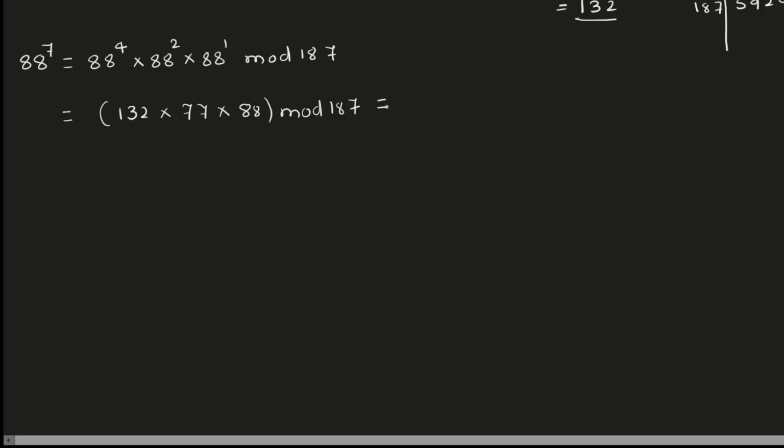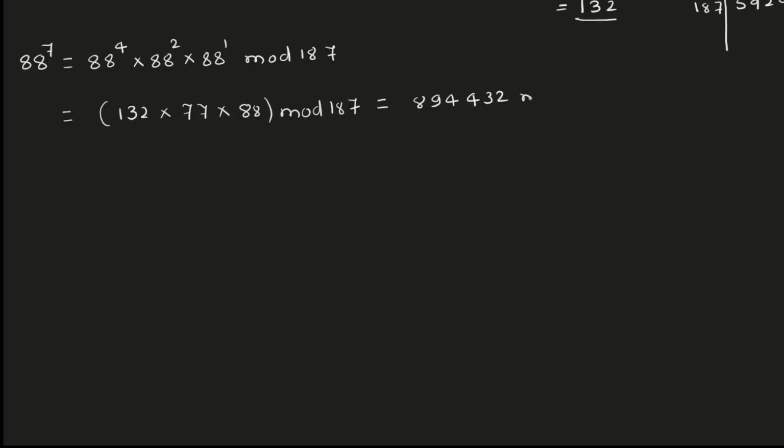894432. You work out with me only so that you will be able to understand it clearly. So you will get, when you multiply all these three terms, you are going to get 894432 mod 187. Again, divide 894432 by 187.